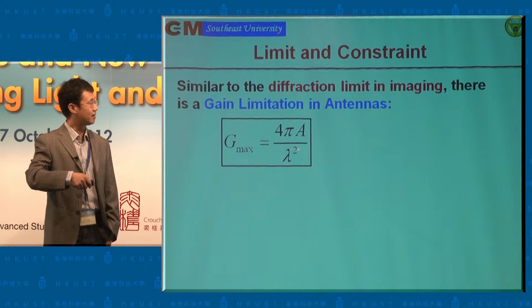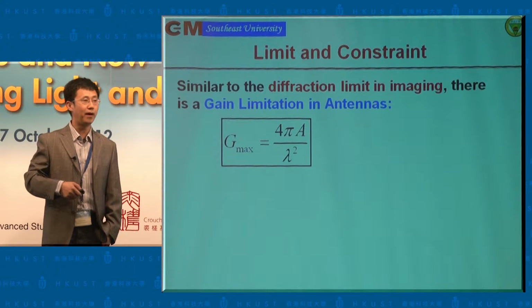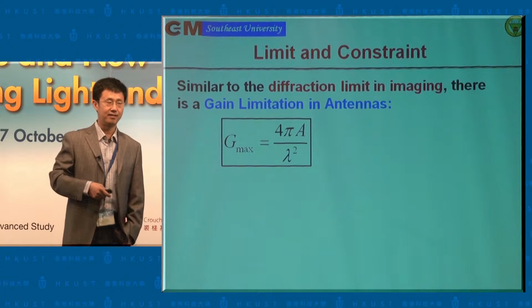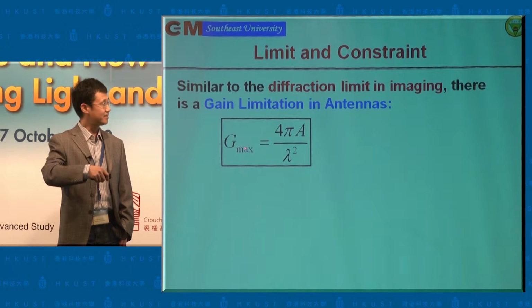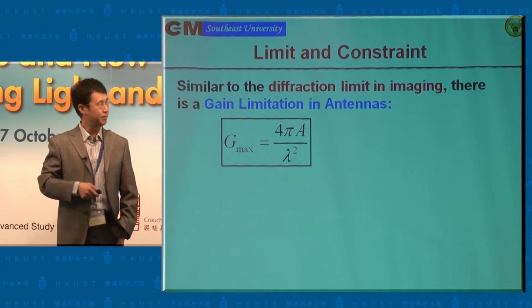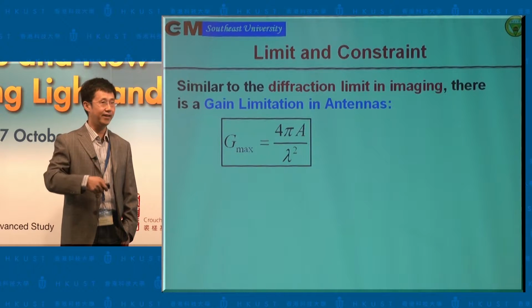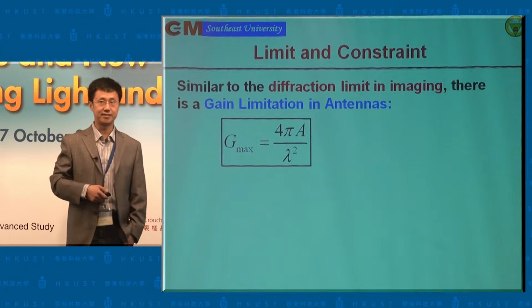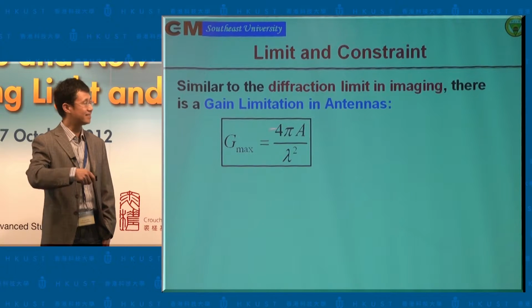As Professor Yablonovitch mentioned, lambda squared over 4 pi is the equivalent area of isotropic radiation. So this maximum gain is the real aperture area A over this isotropic equivalent aperture area. So this is the maximum gain.